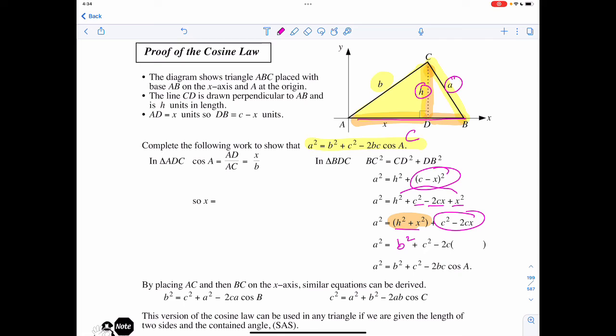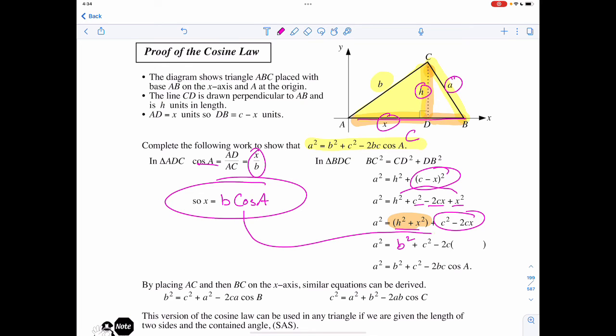They pulled out the value of x from the information on this side. If cos A is equal to x over b, then x would be the same as b cos A, just using my basic trigonometric ratio.